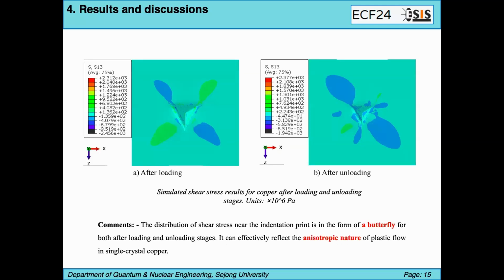And then this is the simulated shear stress result of copper after the loading and unloading stages. The distribution of shear stress near the indentation point forms a butterfly shape, you can see here, and it can effectively reflect the anisotropic nature of plastic flow in single crystal copper.